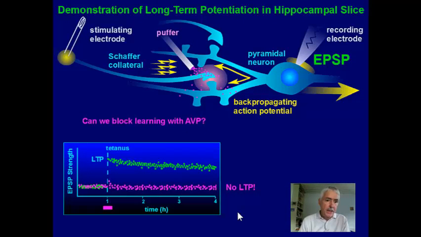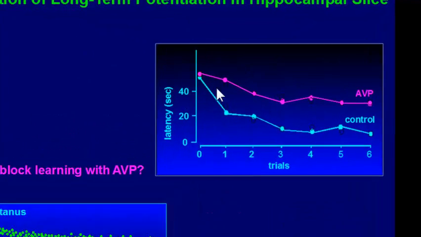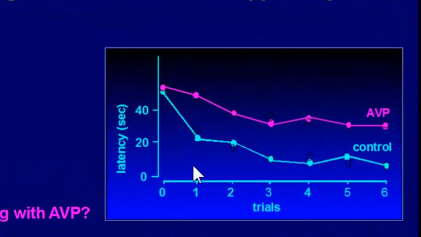Now, can we block learning with APV? So this is in vitro. If we go into the living animal, in vivo, into the intact animal, and inject APV into the hippocampus, can we block learning? Well, those experiments have been done as well. Each time before the trials, a little bit of APV is brought with a cannula into the hippocampus.